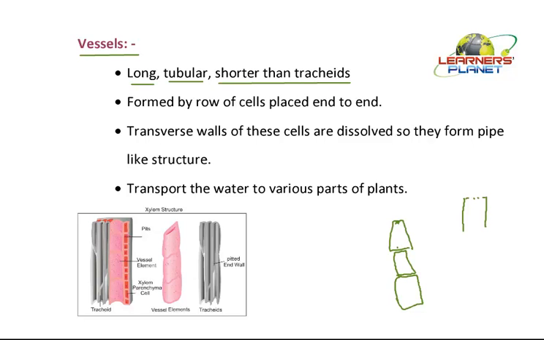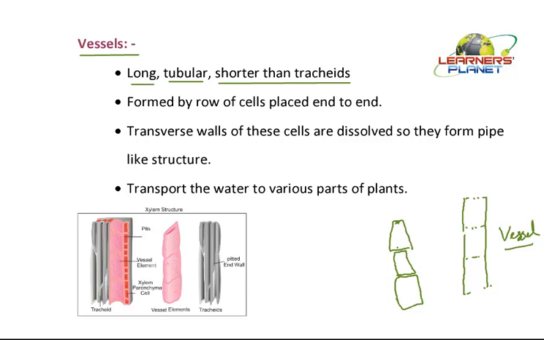If the transverse wall is dissolved, how will the structure appear? It is something like this, as shown in the diagram. Sometimes it is dissolved completely, sometimes partially. But such dissolution gives it the shape of a vessel, and therefore we call them vessels.